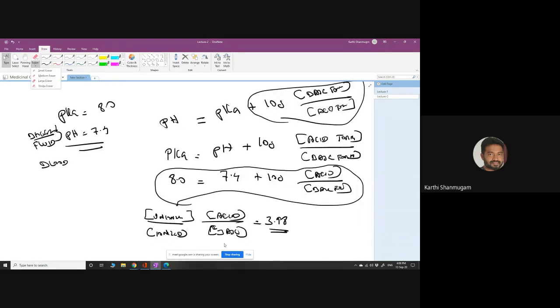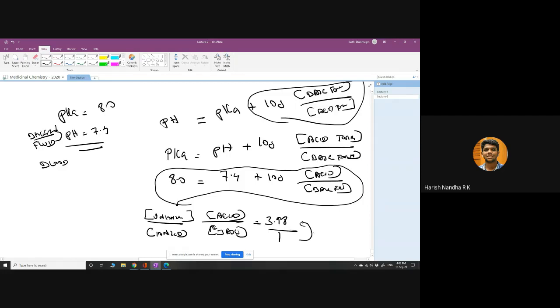So can we say that for every one ionized molecule, 3.98 molecules will be in its unionized form? Sir, can you come again?